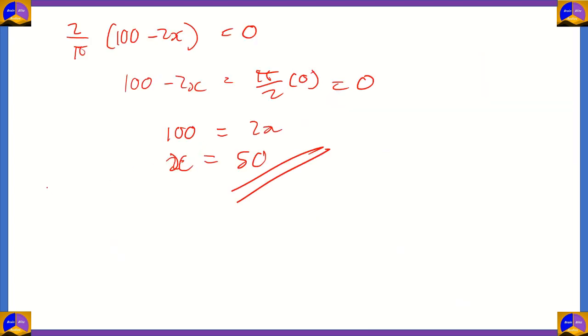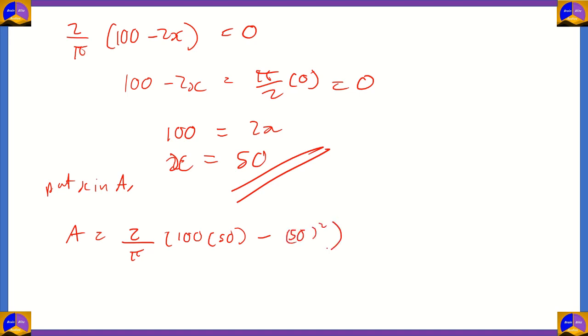Now you have the value of x. Let's put the value of x in the equation for area. So A is equal to 2 by pi into 100 times x, which is 50, minus x squared, which is 50 squared.